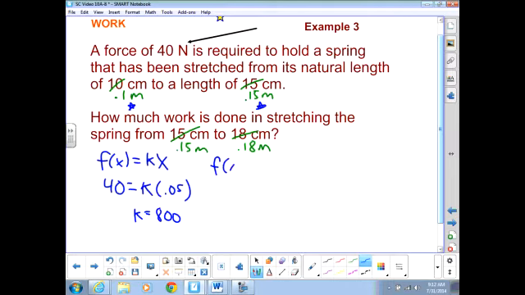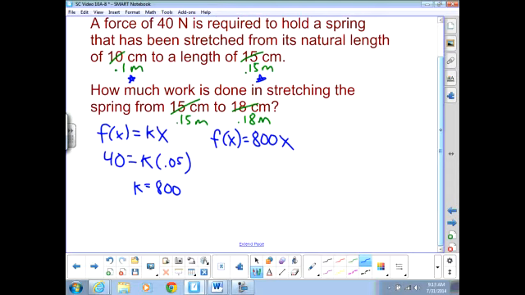What that means is our force function is now just 800x. And remember, the force function, we're putting that into our integral to find the work. So we'll now do our integral. The key thing is, for our values, we need to be the distance beyond the natural length, because that's what x represents.